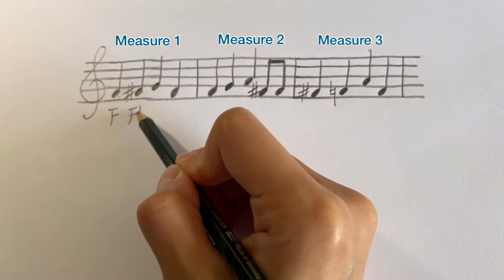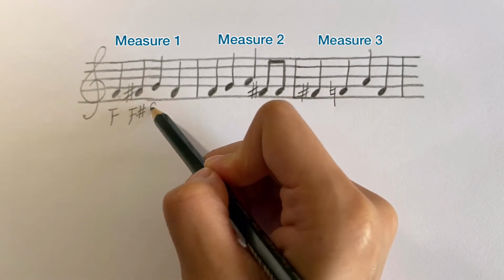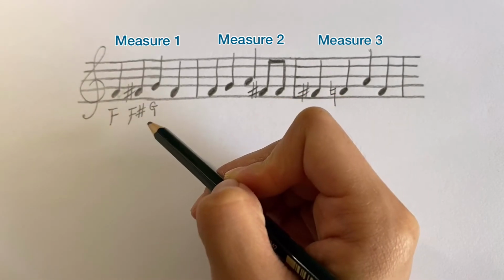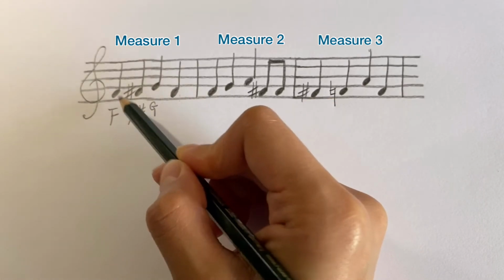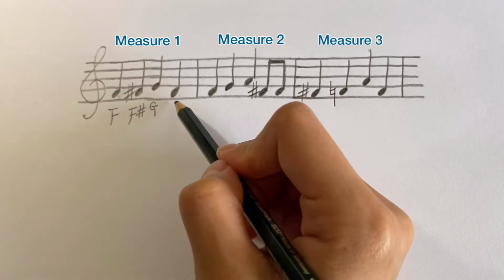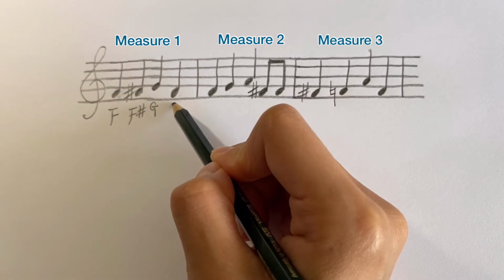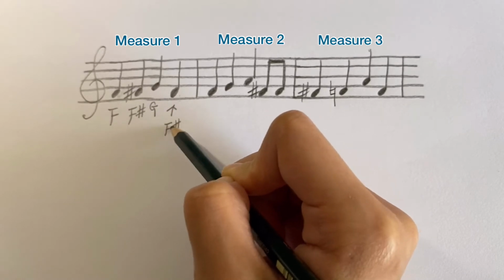So this is F sharp, a half step higher than F. And G. Next you can see the F again, but the accidental is applied within one measure, so this note is F sharp as well.